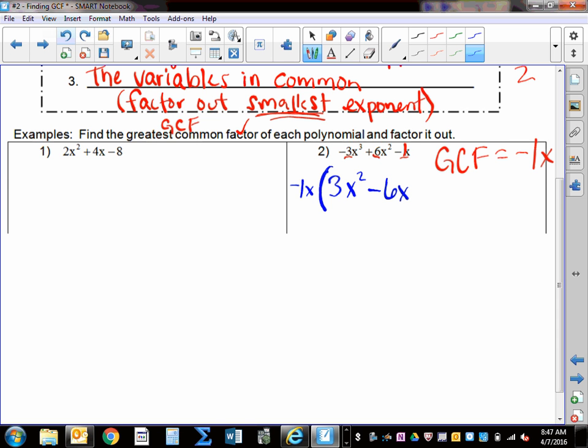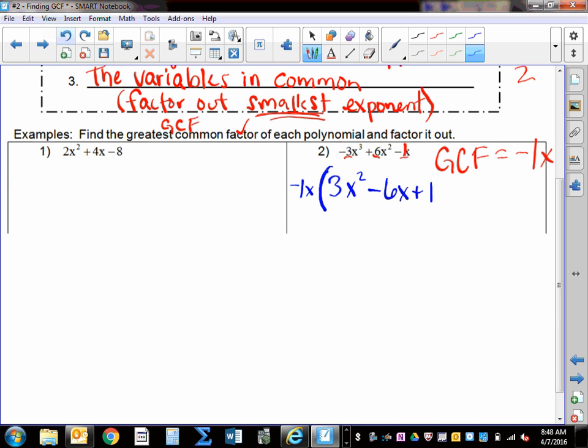I had 6, I took out a -1, so 6 divided by -1 is -6. Alright, now finally my last term, -1x. What is -1 divided by positive 1? And what's x divided by x? You go through all 3 of your answers. What's x divided by x? 1. Anything divided by itself is 1.